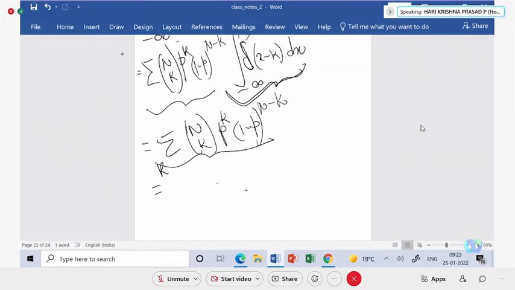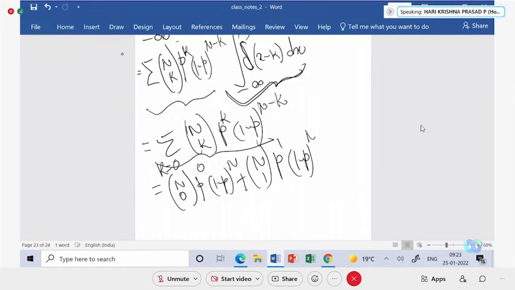What values does k take? 0 up to some upper value, right? So nC0 p power 0 (1 minus p) whole power n, plus nC1 p power 1 (1 minus p) power n minus 1, and so on.